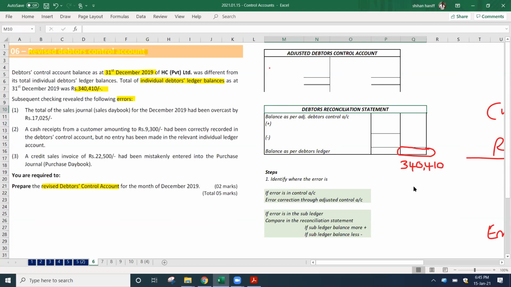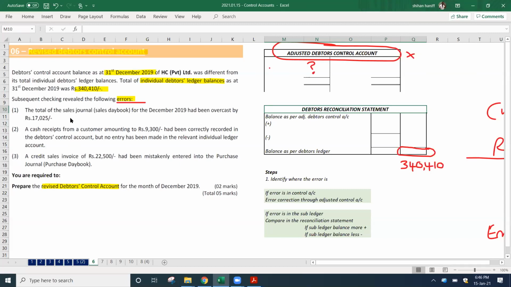Closing balance 340,410. They have not given the control account balance. Right? So we need to find out what the opening balance is. Now, there are three errors.